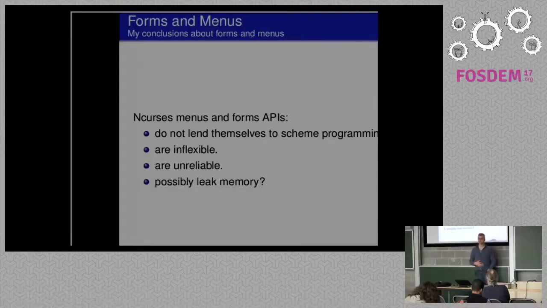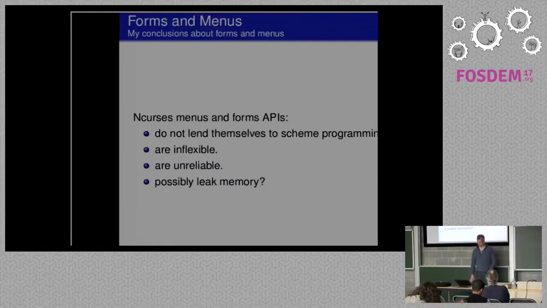I have noticed occasions where it works most of the time, but then when the garbage collector runs when you don't expect it, then suddenly it crashes. And even if those problems have been fixed, as I say, I don't really think that the interface lends itself to scheme programming. Oh, and I'm not absolutely convinced that all the memory leaks have been ironed out.